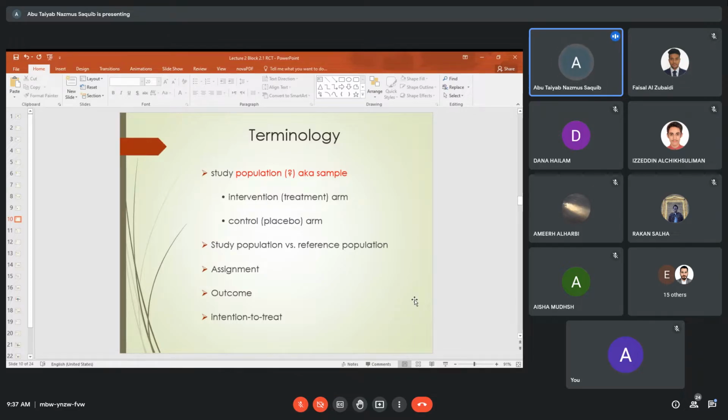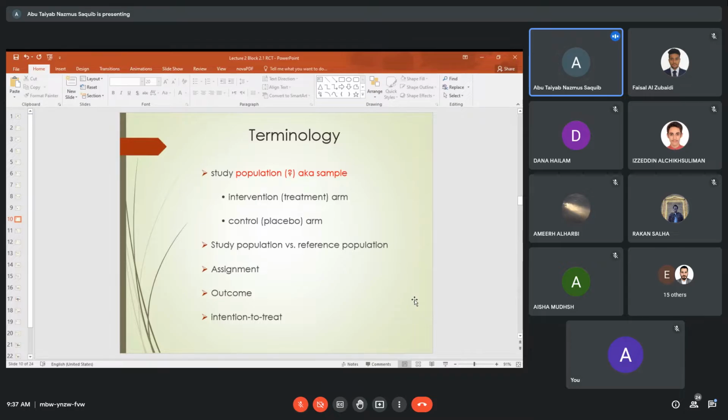What do I mean by longitudinal study? There must be a follow-up. So at the beginning, you randomize them into two groups, intervention and the control group, and at the end of the follow-up, you assess the outcome. But invariably, as you are dealing with humans, you will lose people during the follow-up time.